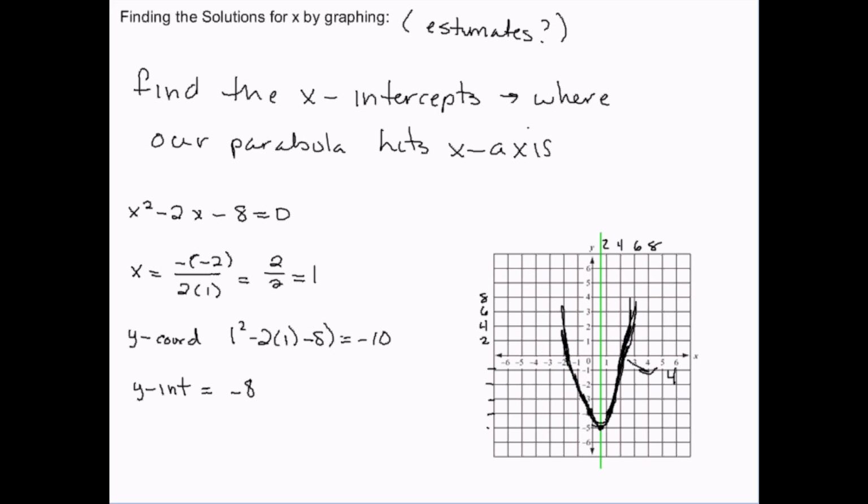Oh, I went too far on this side. Oh darn it. That's not even. I went too far over here. So I'm crossing at 4 and negative 2. So my solutions are going to be negative 2 and 4.